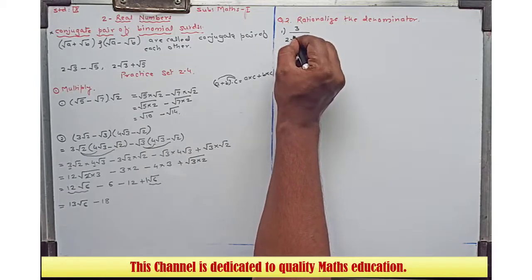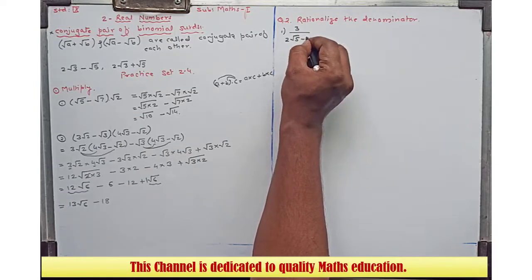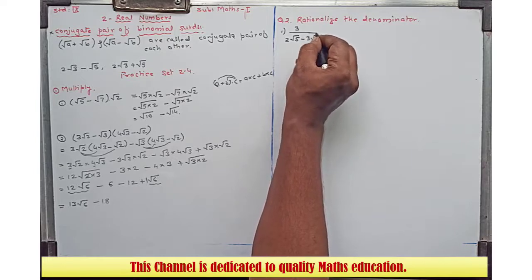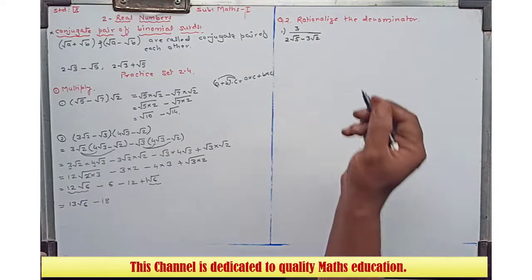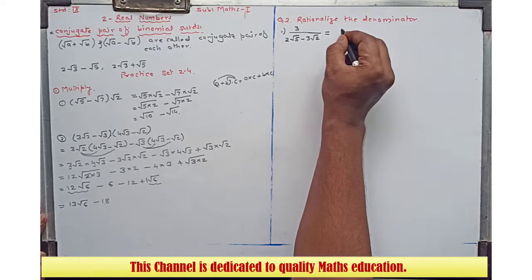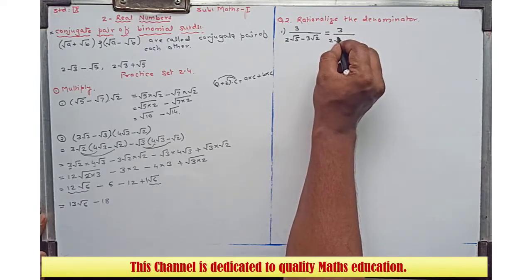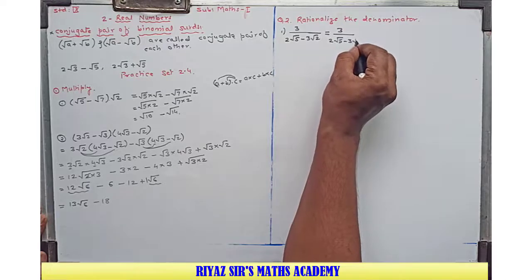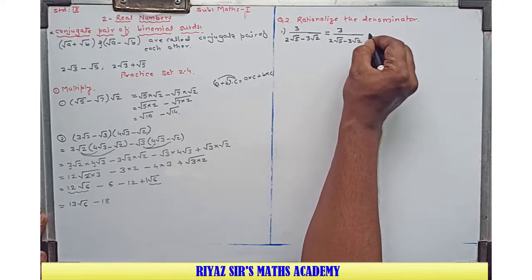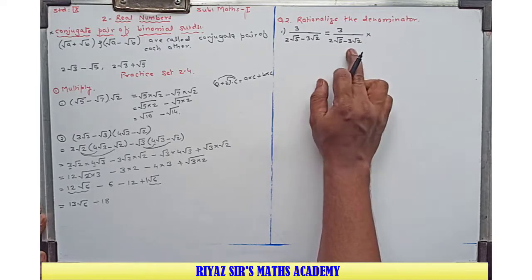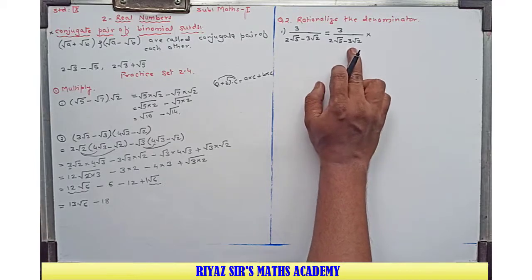First example is 3 upon 2 root 5 minus 3 root 2. Okay, so we write the given example as 3 upon 2 root 5 minus 3 root 2, into, now take the conjugate of 2 root 5 minus 3 root 2 and multiply numerator and denominator by the conjugate of this denominator.